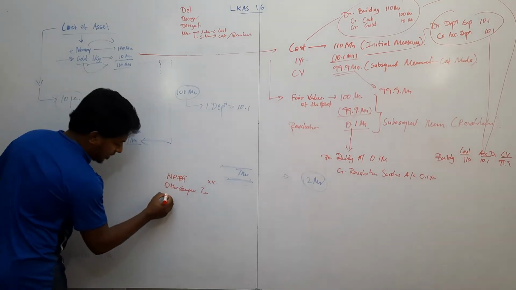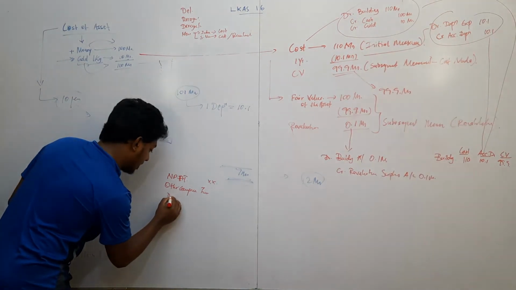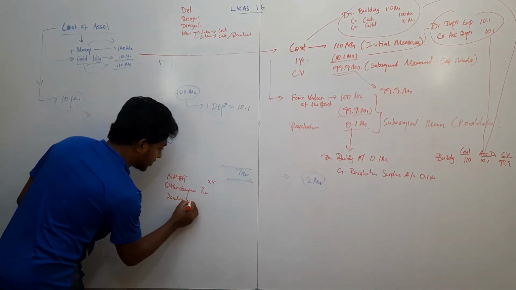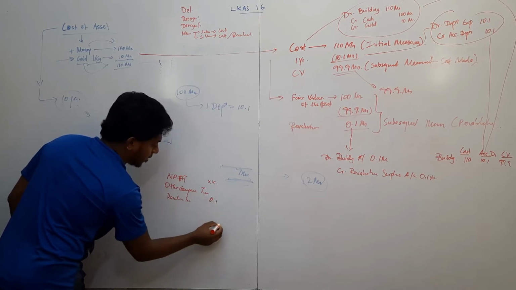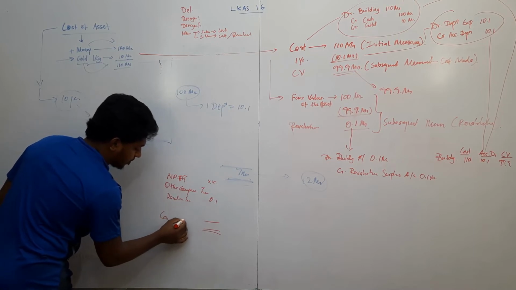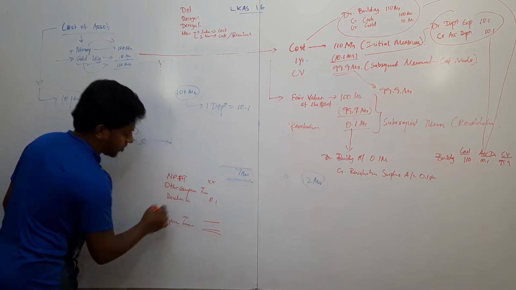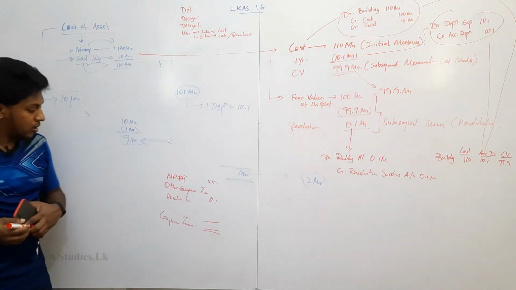Under the other comprehensive income statement, the other comprehensive income item will be shown. That is called revaluation surplus. Say the revaluation surplus is 0.1 million. So total comprehensive income will be XX plus 0.1 million, right?